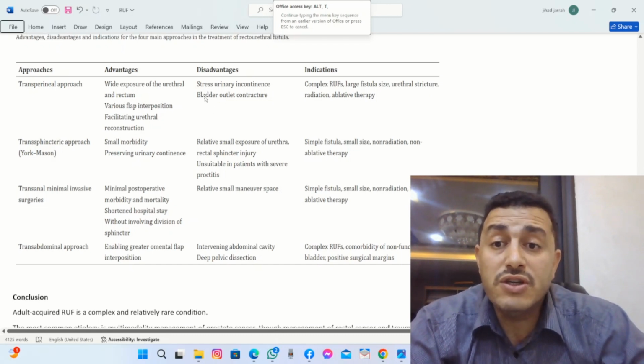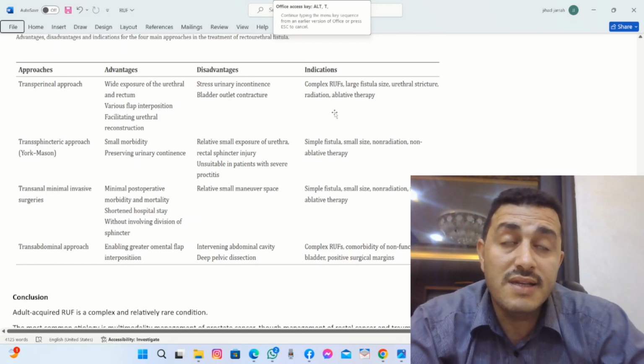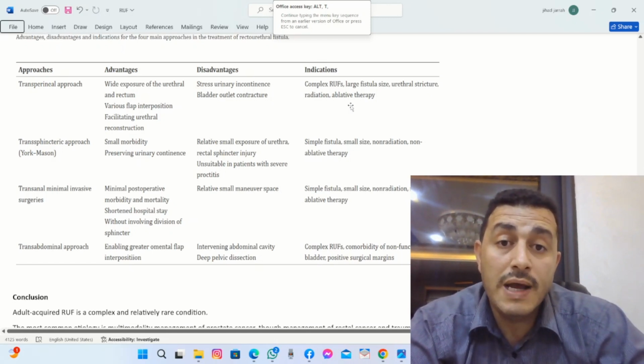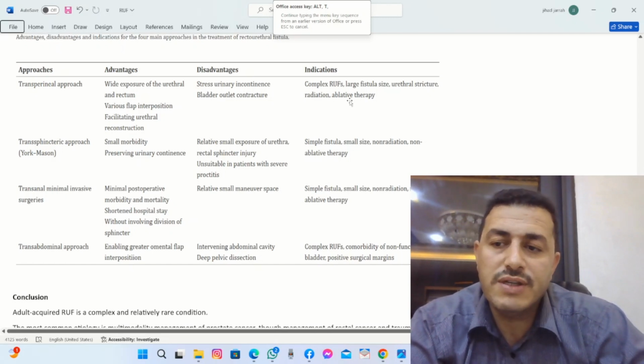Of the disadvantage, it may cause stress urinary incontinence, bladder outlet contracture. Indication, we said this is indicated in the complex fistula, large fistula, urethral stricture, history of radiation.